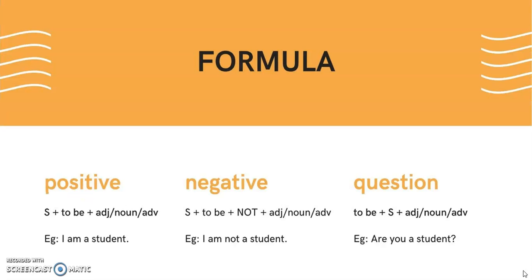Now the formula. You have 3 kinds of sentences. You can take a look at the formula here and also the examples. You can pause the video if you need more time to learn about this.